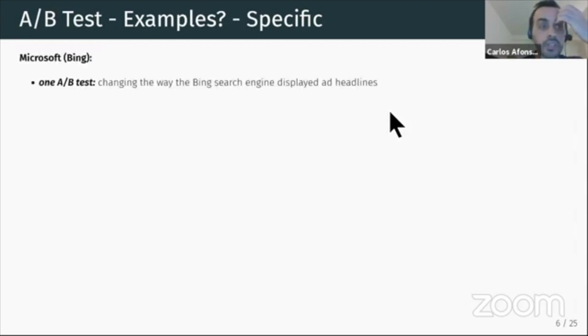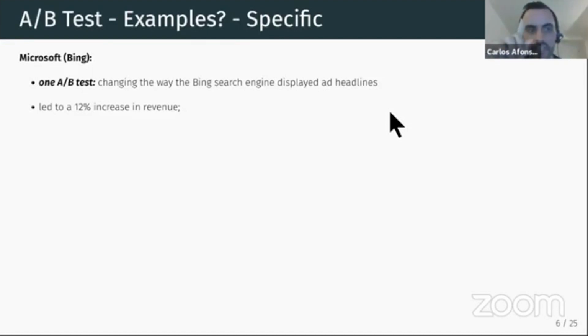So there's this famous A/B test example from Microsoft, the Bing search engine, where one single A/B test, where they changed the way the Bing search engine displayed the headlines, led to a huge increase in revenue, 12% increase in revenue, just one A/B test. This is not very frequent. That's why it's so impressive.